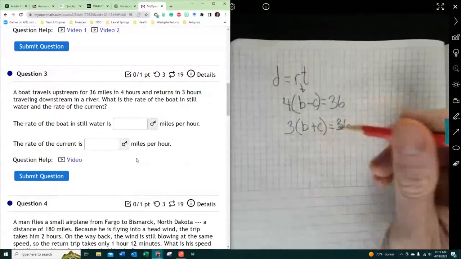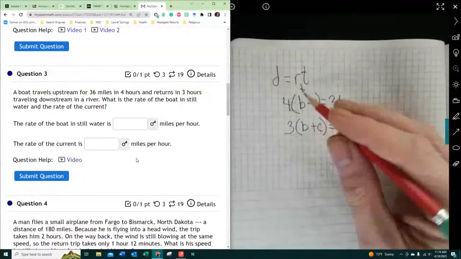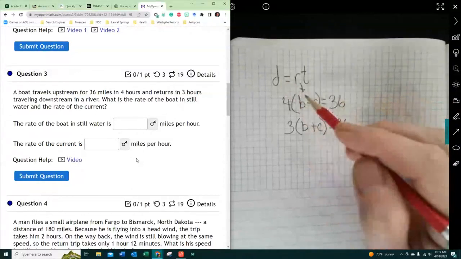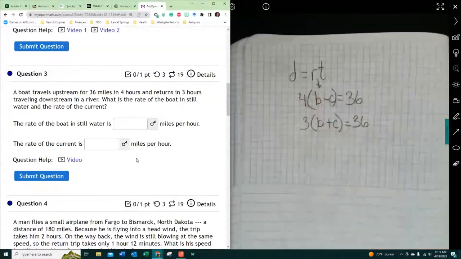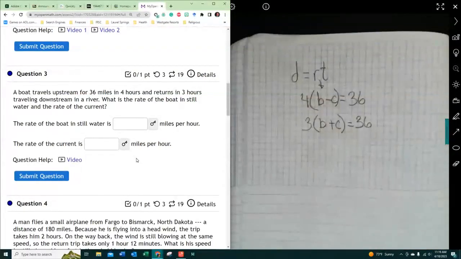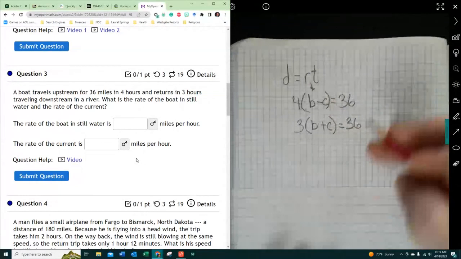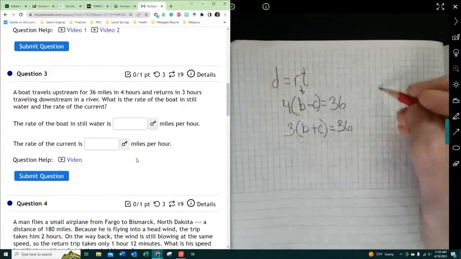So I think what is most important for you to understand and process is the formula, as well as understanding how the current works in this one. And when you're dealing with airplanes, it's going to be the wind speed. However you like to label these, you want to label this with some kind of determinant for boat.